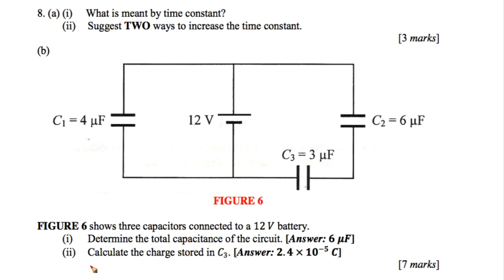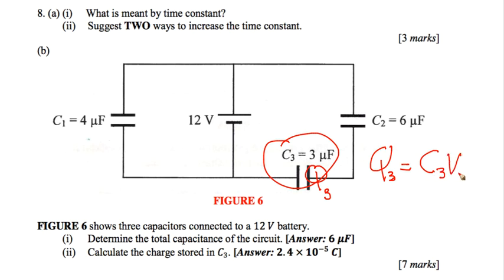And the next is to calculate the charge stored in C3. So what is the charge stored in capacitor C3? You start from the equation: the charge stored Q3 is C3 times V3.